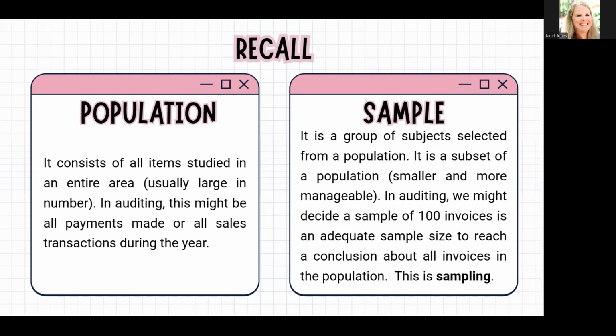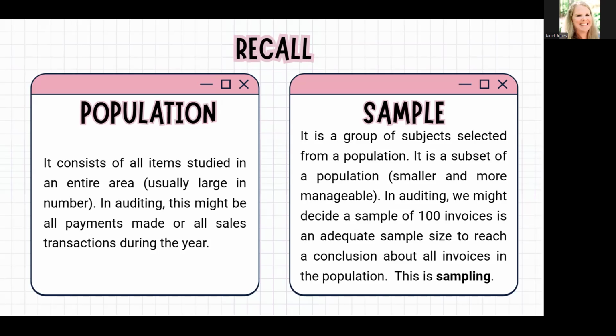That's called sampling. So sampling is taking a sample or a subset of the population, looking it over, and then ultimately drawing some conclusions about that population. So that's really what we're talking about here. We do this all the time in auditing.